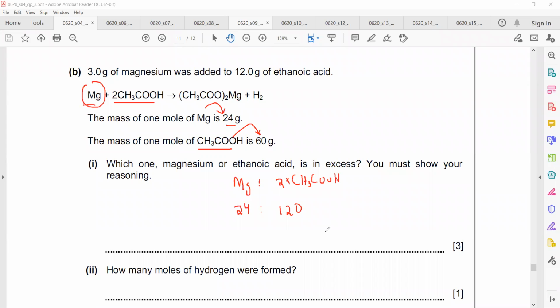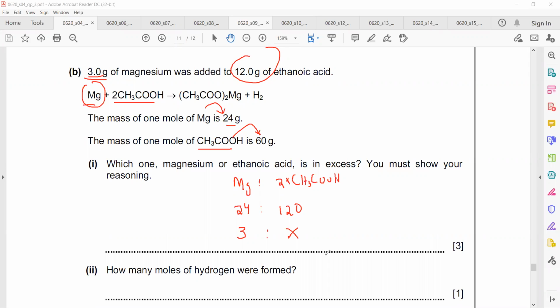So according to the equation, the ratio of the mass between magnesium and ethanoic acid is 24 is to 120. But in the question, if we have 3 grams of magnesium, then how much ethanoic acid should we have for a complete reaction? Let it be X. We have 12, but we don't know whether this 12 is more than enough or less.